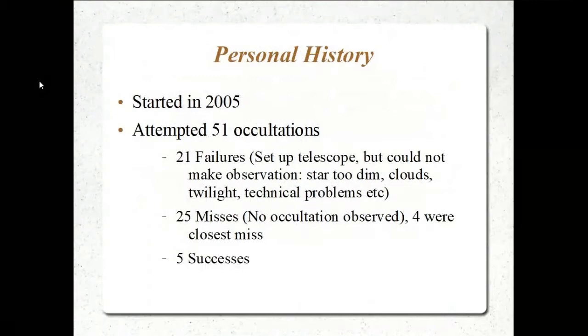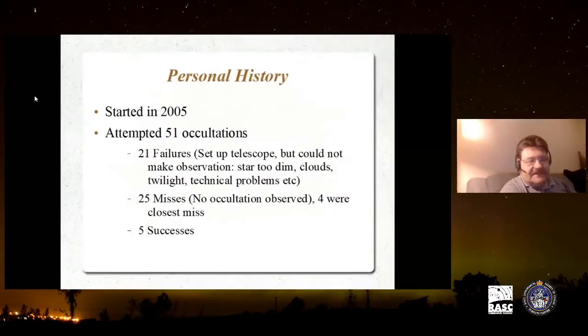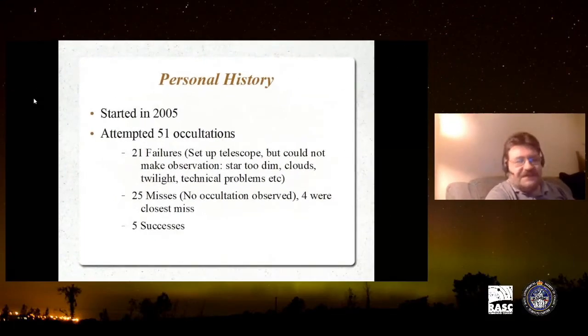You discover things like, okay, this star was too faint, so I shouldn't have tried in the first place. Okay, I'm a little too close to sunset. I'm a little too close to sunrise. So all I've got is dark blue sky in my field of view. Some equipment problems, a few clouds, but it's all part of the learning process.